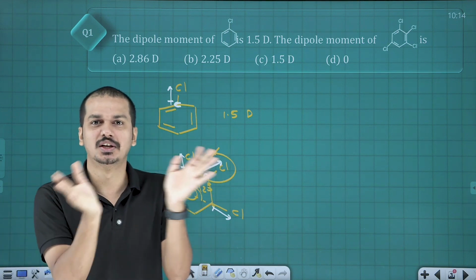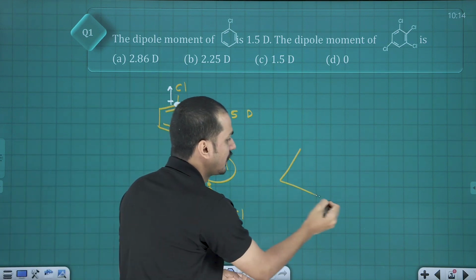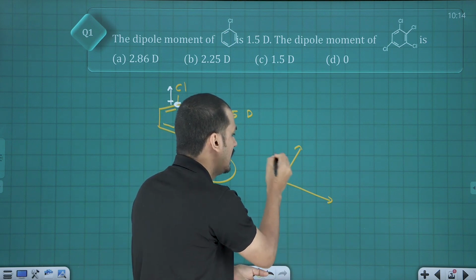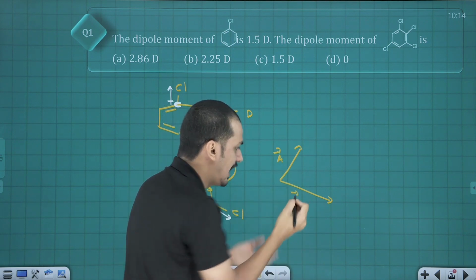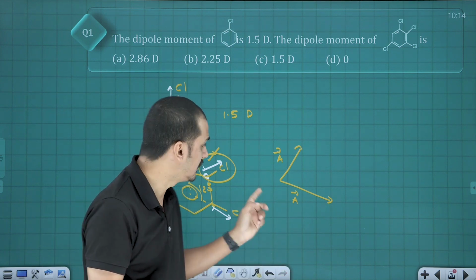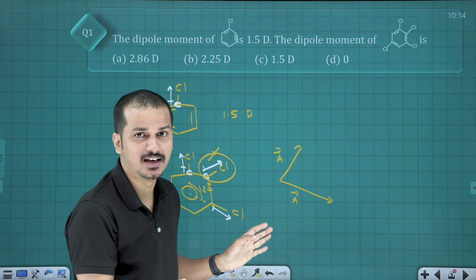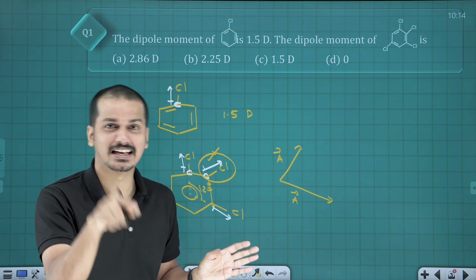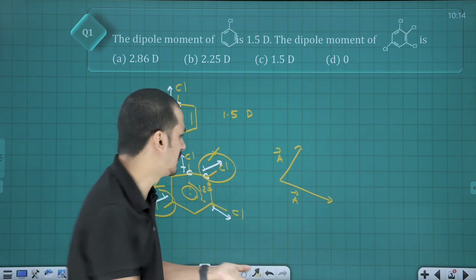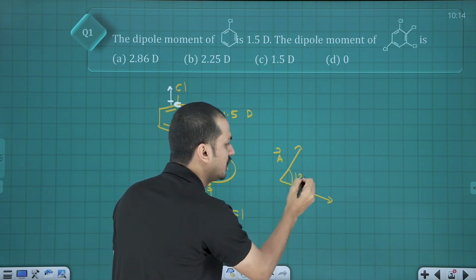If two vectors are there, both equal in magnitude, this is A, this is also A, equal in magnitude but their directions are different, then how do we calculate their resultant dipole moment? The angle is 120 degree.